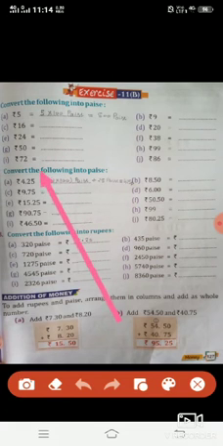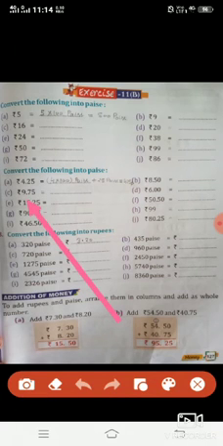Now come to this question. Convert the following into paise. 4 rupees 25 paise, and we have to convert it into paise.